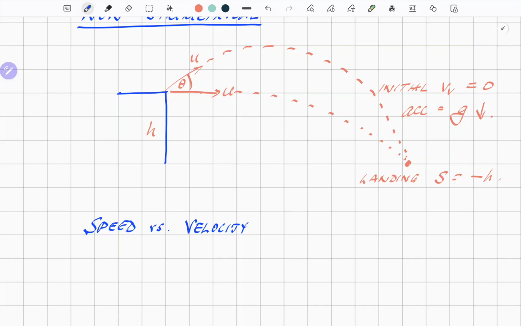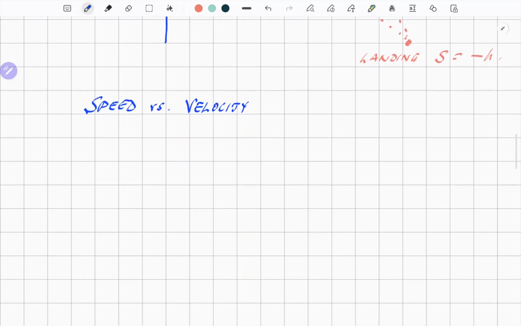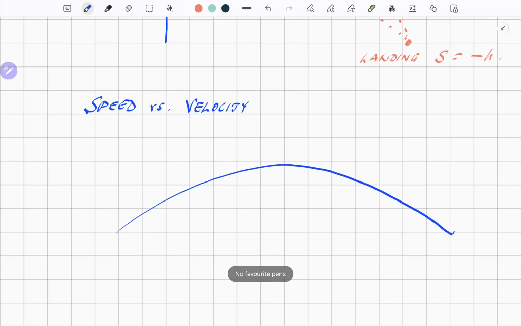One of the typical questions they give you is that at a particular point in the motion, something like that, for example at this point here, what is the speed? Or find the velocity, the overall velocity at a given point. Okay.